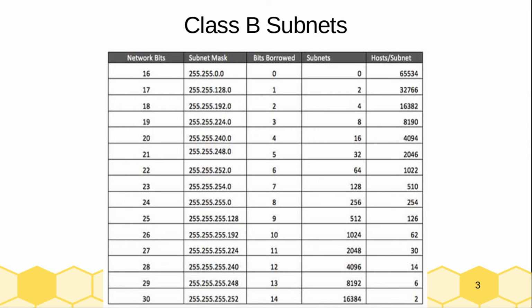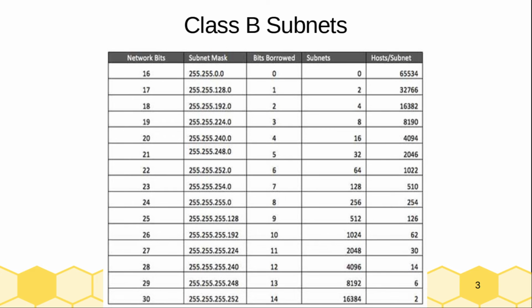If there are 16 network bits, the subnet mask will be 255.255.0.0 and the bits borrowed will be 0. There can't be further subnets because all the bits are used, so the hosts per subnet will be 65,534.